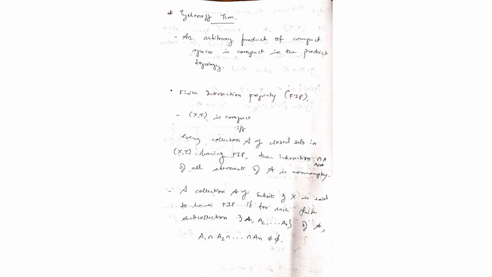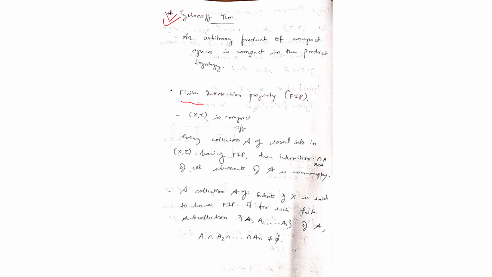Okay. Then there, the Tychonoff theorem has been proved. So what is it? An arbitrary product of compact spaces is compact in the product topology. Okay. So for proving the Tychonoff theorem, the prerequisites were FIP, that is finite intersection property. We have already discussed it. So what is it?